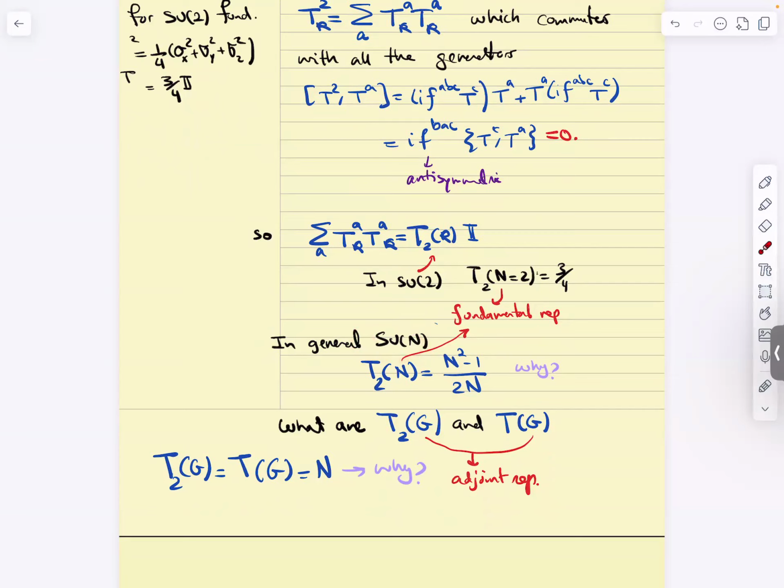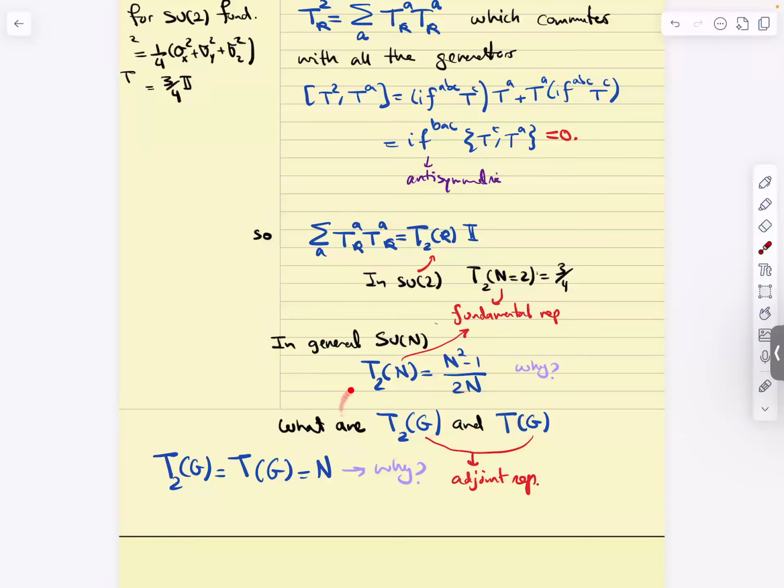For SU(N), this guy in the fundamental representation is N squared minus 1 over 2N. So there you go. That's your answer. What is that for SU2? 3 over 4. Is that familiar? Yeah, J squared is 3 over 4 identity in an irreducible representation of SU2.